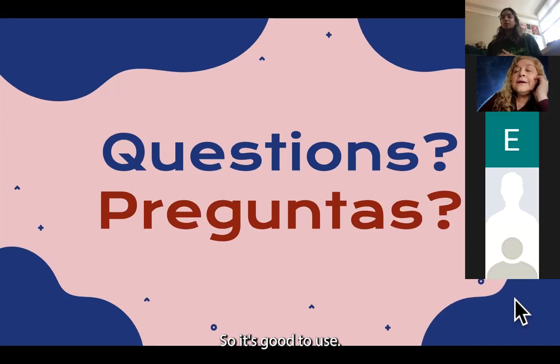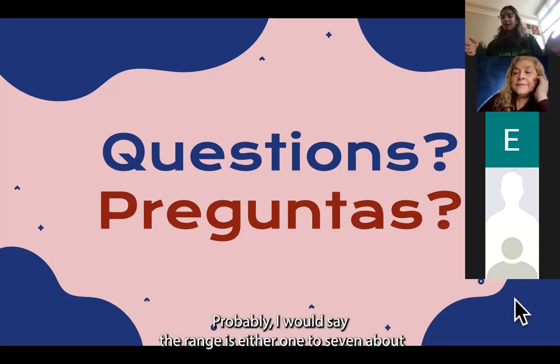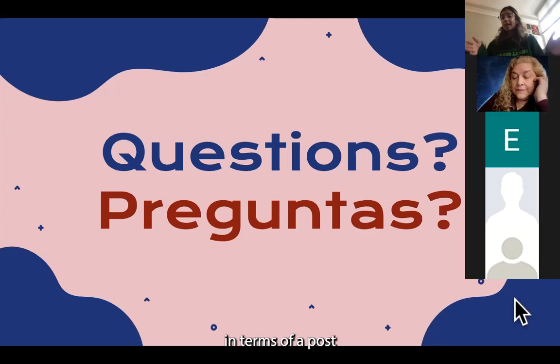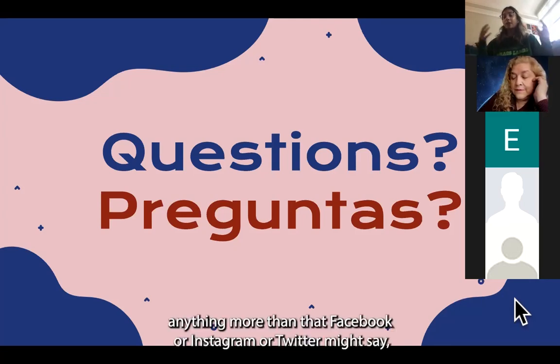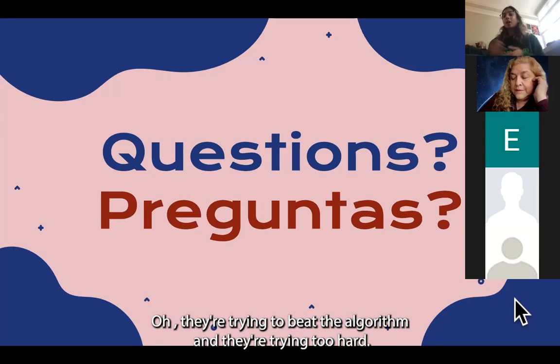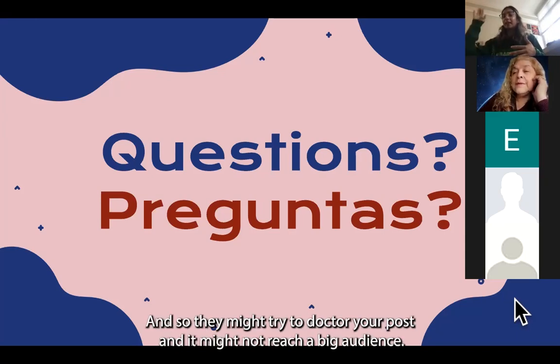I would say the range is about 1 to 7 per post. Anything more than that, they might say they're trying to beat the algorithm and trying too hard, so they might dock your post and it might not reach a good audience.